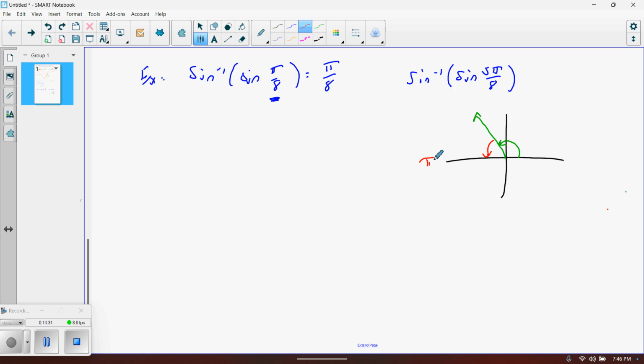So in order for me to get from 5 pi over 8 to 8 pi over 8, that's a difference of 3 pi over 8. And 3 pi over 8 would then be the first quadrant equivalency. So the answer to this is 3 pi over 8. You have to find the answer within the domain of negative pi halves to pi halves.